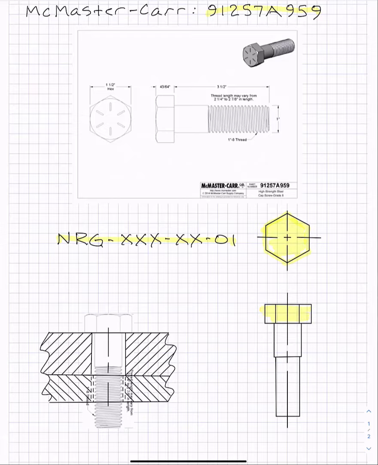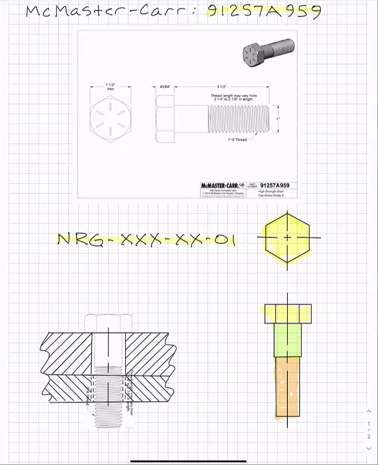That'll be feature 1. And then feature 2 is going to be the unthreaded shank of the bolt, which is right here. And then we'll do a third extrude that will represent the threaded portion of the bolt, which is down here at the bottom. So only 3 features, no chamfers, no fillets, just 3 simple features for our part model.